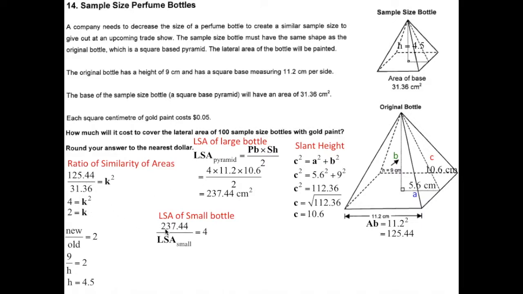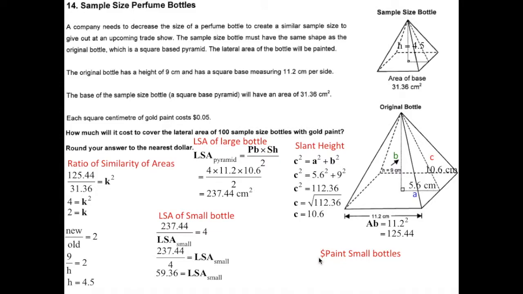The lateral surface area of the big divided by the lateral surface area of the small is going to be 4. It's going to be my k squared. If I have 237.44 over the lateral surface area of the small one is equal to 4, I'm going to cross multiply or switch the 4 and the lateral surface area like that. 237.44 divided by 4 is 59.36 centimeters squared, the lateral surface area of the small pyramid.